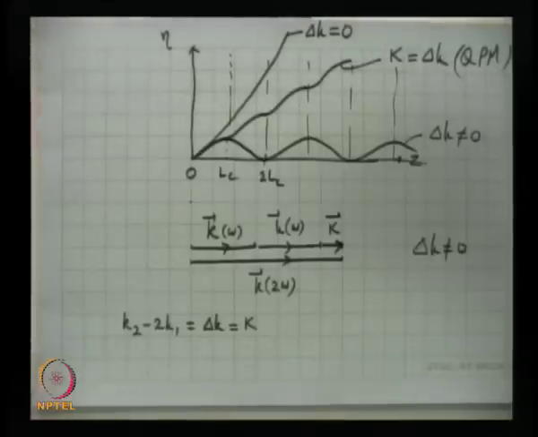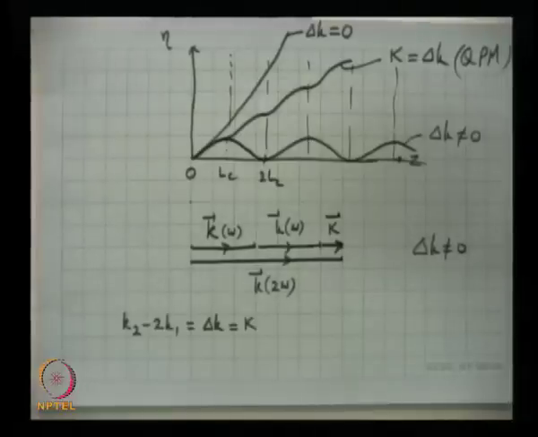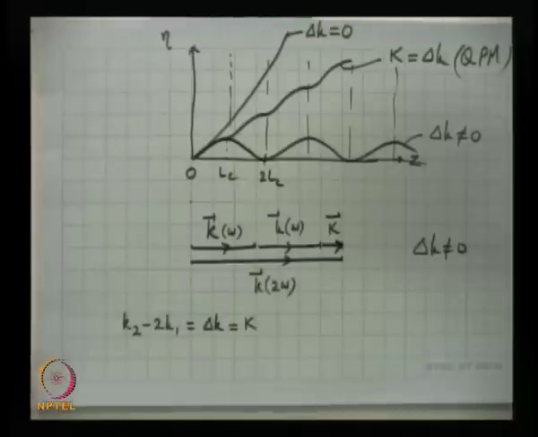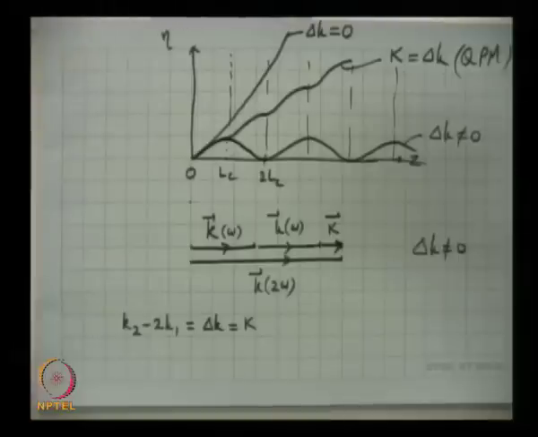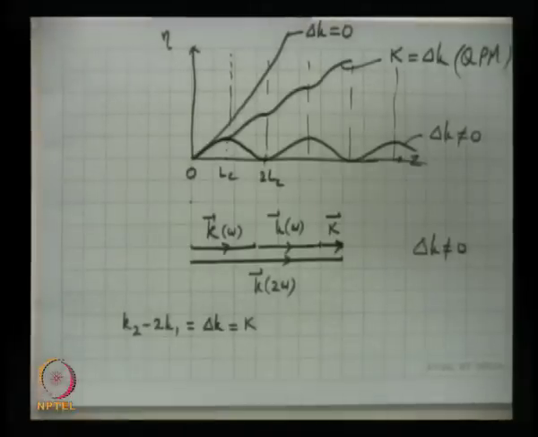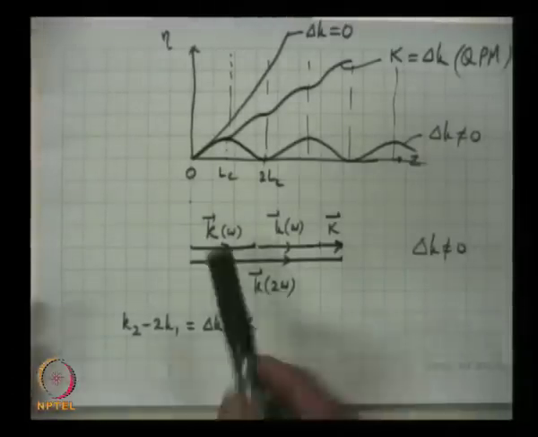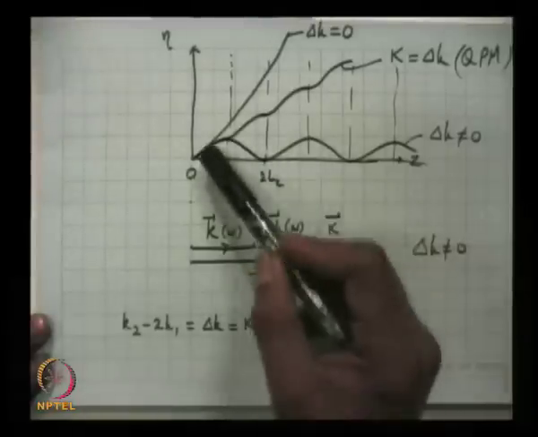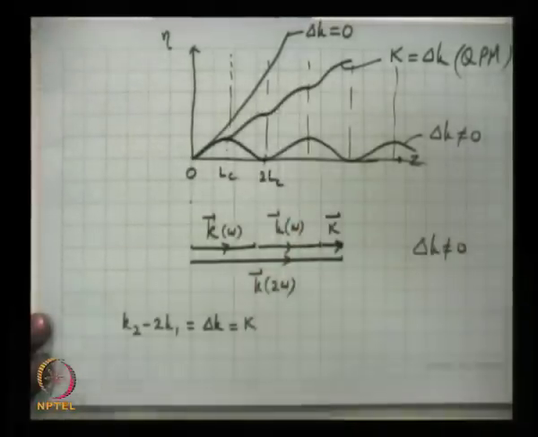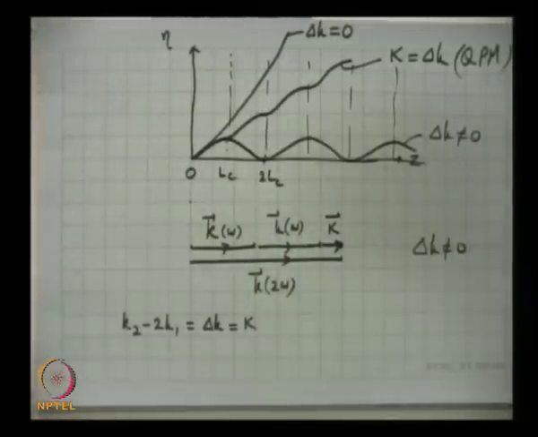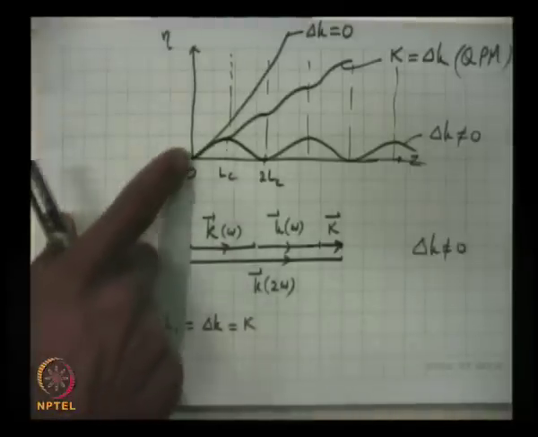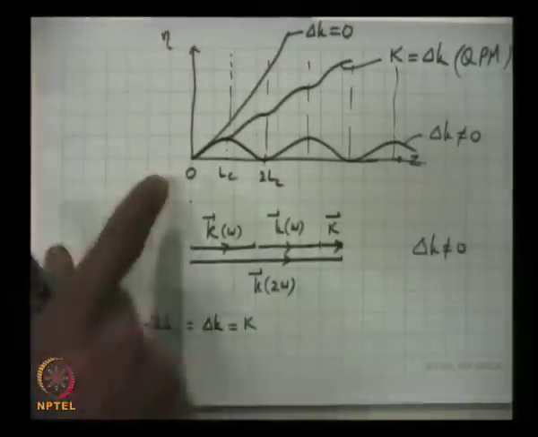So, quasi-phase matching is essentially a process in which you overcome the difference between k2 and 2k1 in the second harmonic process, by a spatial frequency vector capital K. So, instead of the second harmonic periodically growing and dying, now the second harmonic continues to grow, it has an upward trend, but of course, it is not as much as in the perfectly phase matched case, but at the same time it is growing.